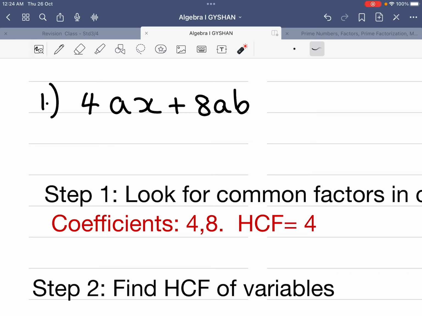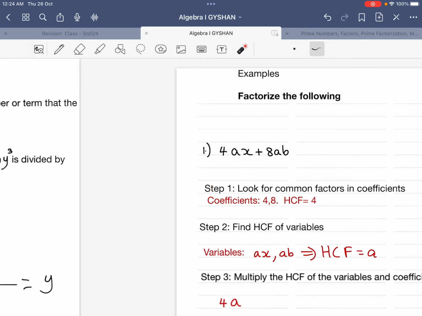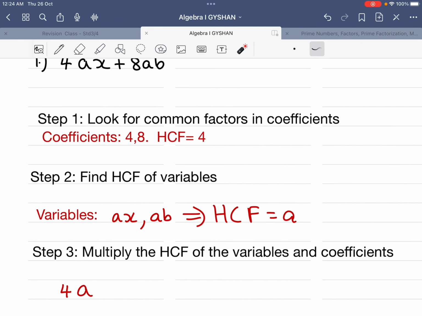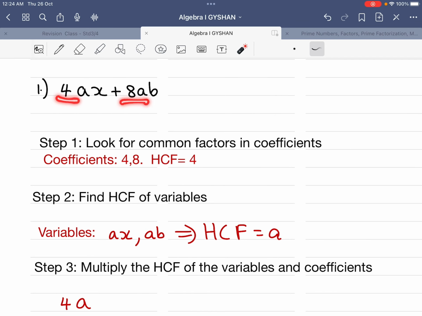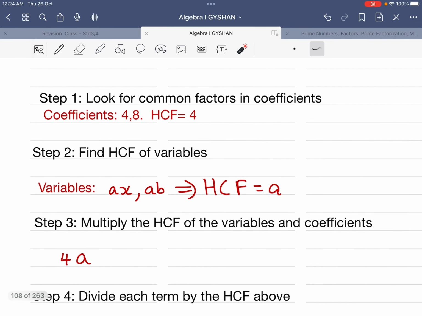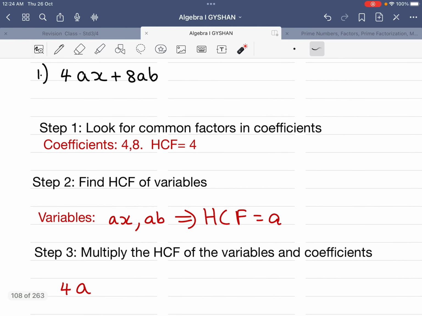So what can go into both 4 and 8 without a remainder? 4. 4 into 4, 1. 4 into 8 is 2. So that's your first step. Look for common factors of the coefficients. This will be your coefficient or your whole number. Well, I guess it doesn't have to be a whole number. It can also be a fraction in this case.